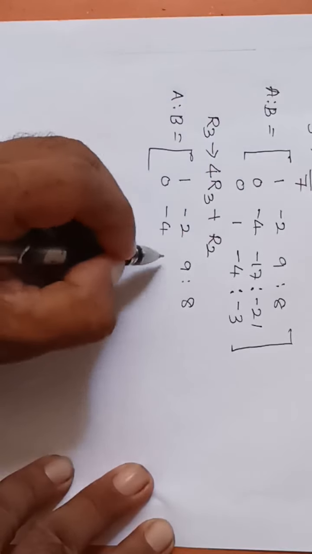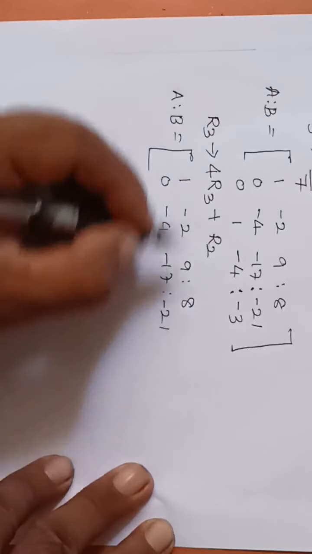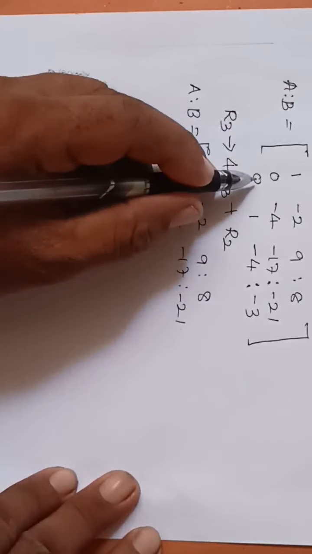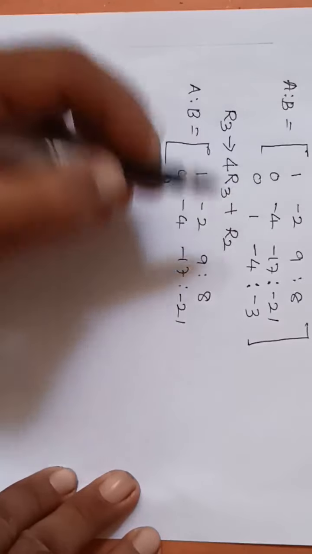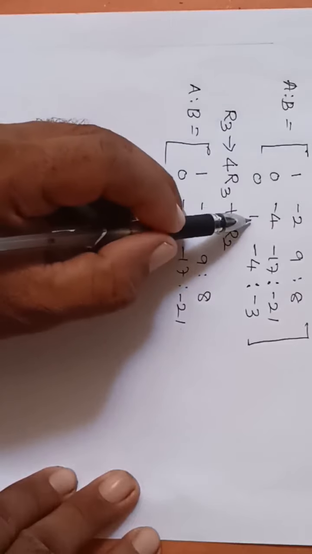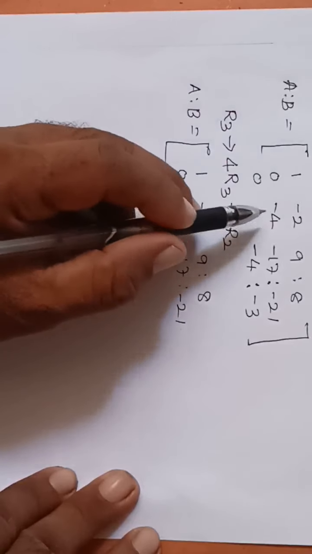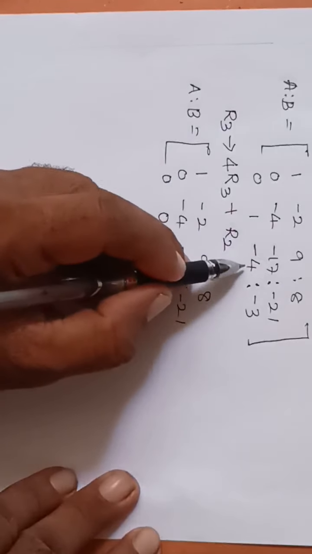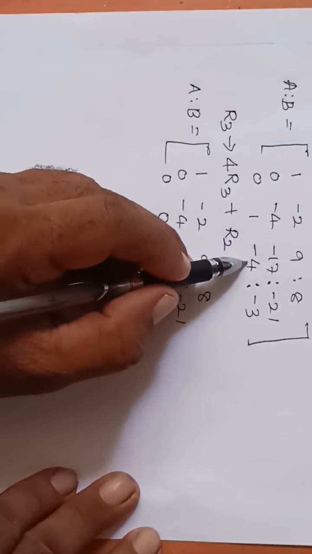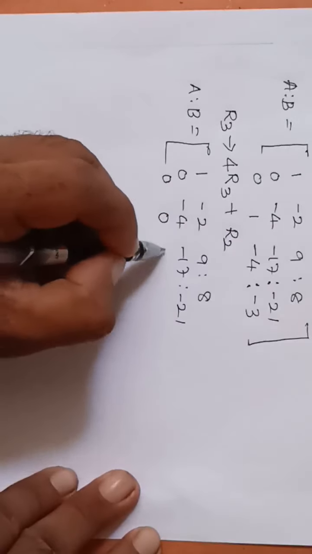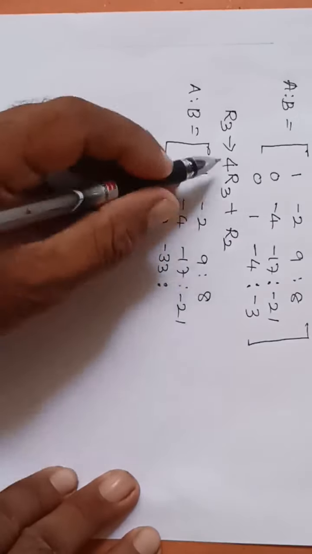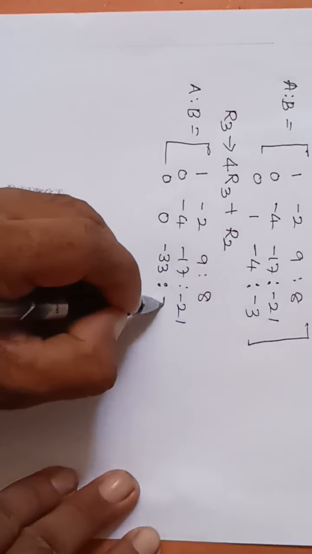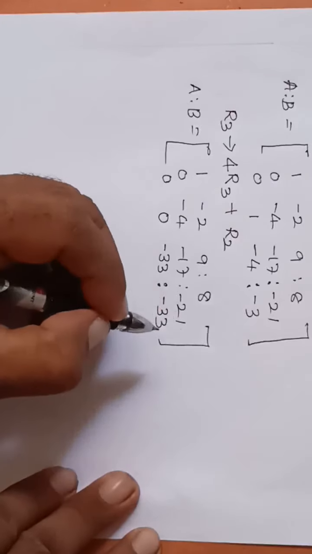Now 4 times R3: 4 into 4 is 16, minus 16 minus 17, so it is minus 33. Next 4 times 3 is 12, minus 12 minus 21, again minus 33.